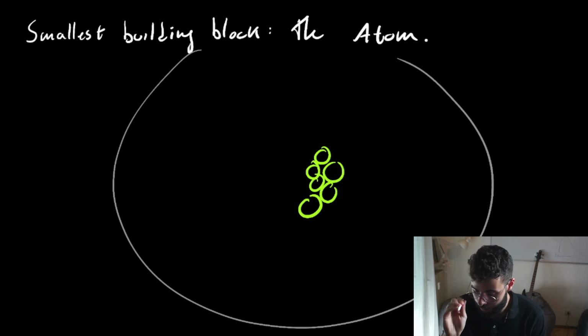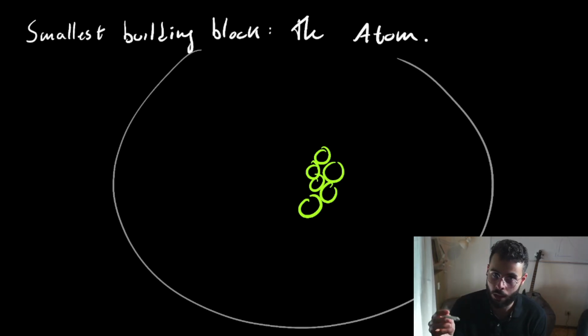The number of protons inside the core of any atom will tell us which element the atom is. For example, if we have 6 protons, the atom will be a carbon atom. If we have 2 protons, the atom will be helium, etc.